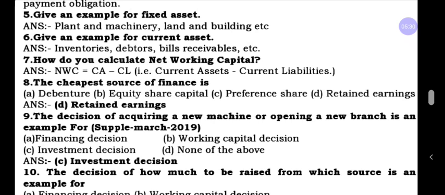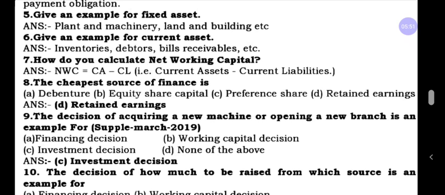The decision of acquiring a new machine or opening a new branch is an example. You are purchasing a new machine and starting a new branch in another place. What do we call that decision?